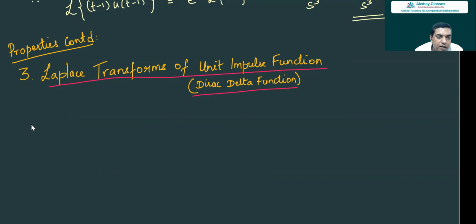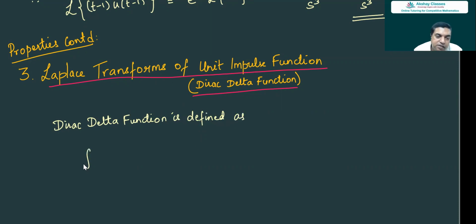So this unit Dirac delta function, or the unit impulse function, is defined as delta. Earlier it was u of t minus a, now it is delta.